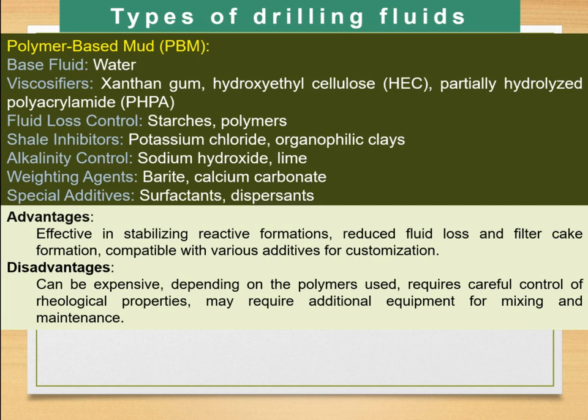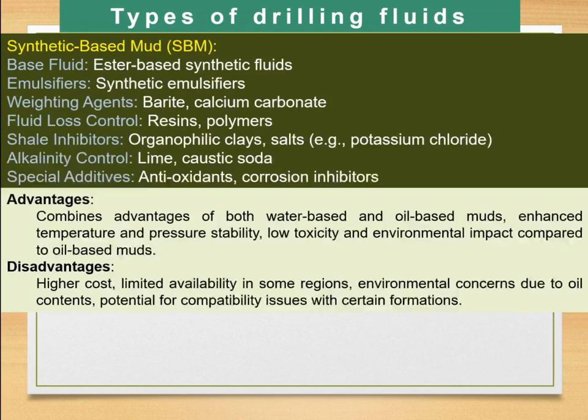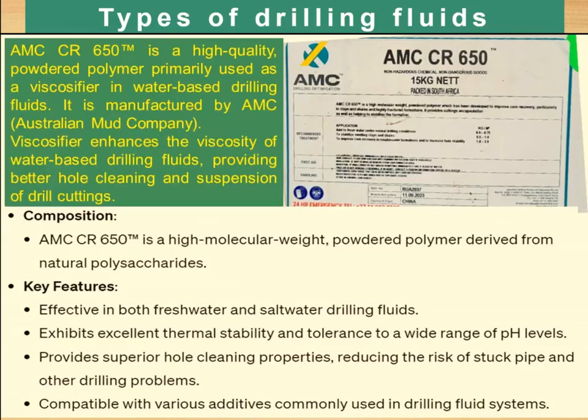Now last but not the least, obviously, the polymer based mud. Base fluid is water again. As I have discussed, CR650 is also polymer based. Viscosifiers are xanthan gum, hydroxyl cellulose, partially hydrolyzed polyacrylamide. There it was used as polysaccharide.